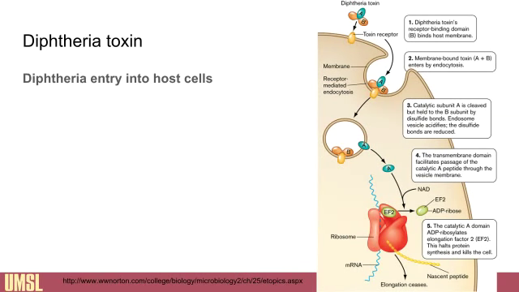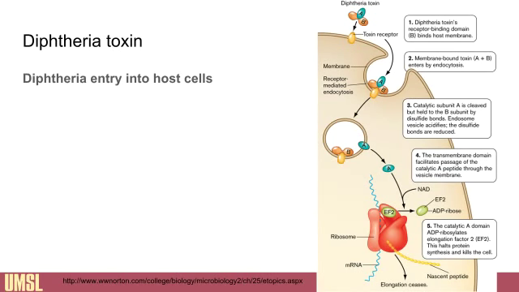This vesicle gets acidified, as is what happens with most vesicles that get taken up from the extracellular environment. And this induces a conformational change in essentially autohydrolysis of this A subunit from the binding subunit.